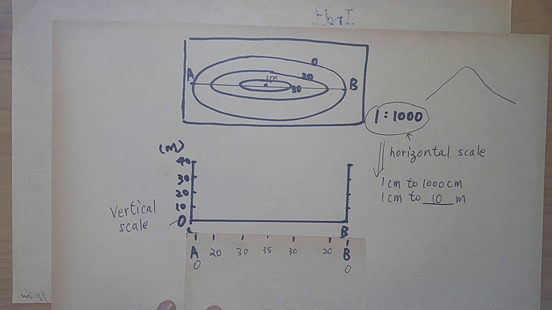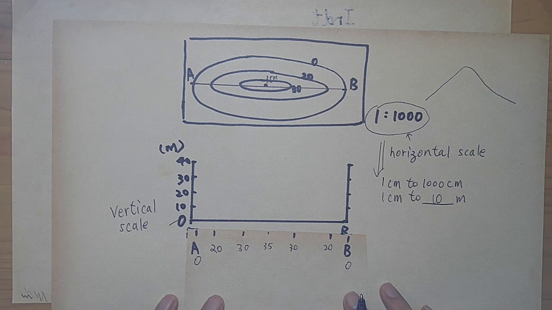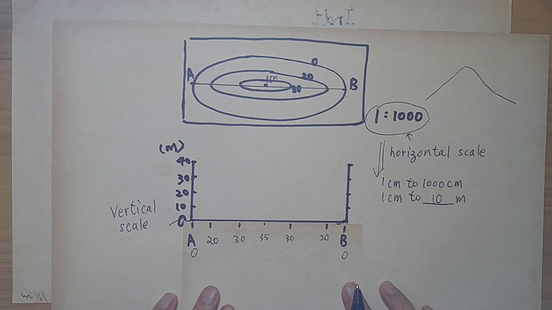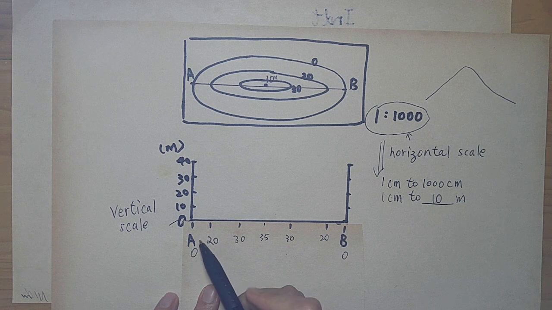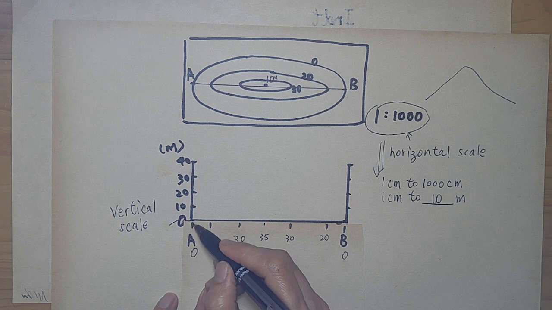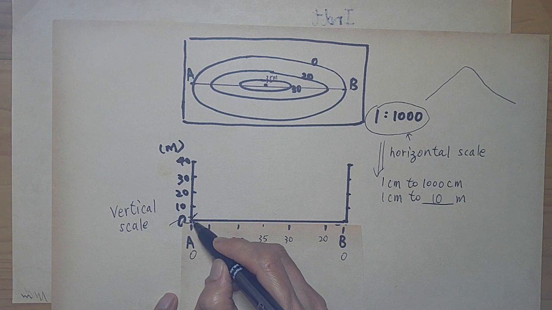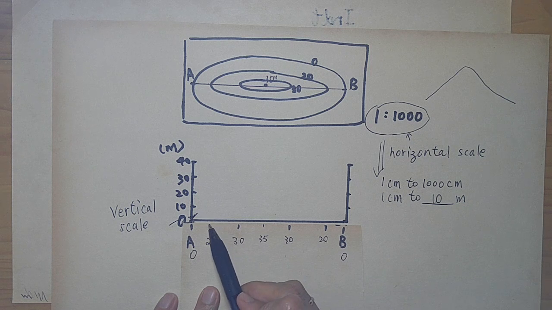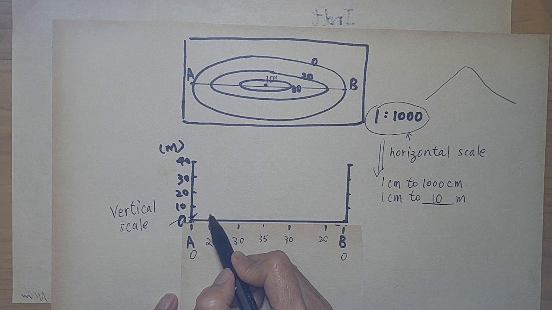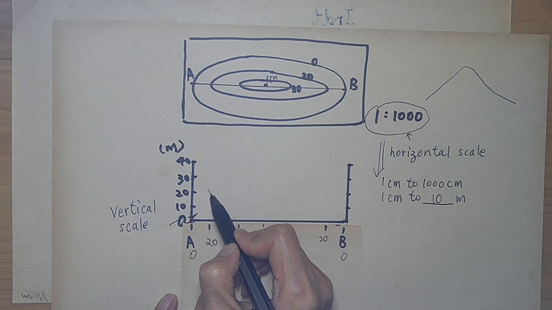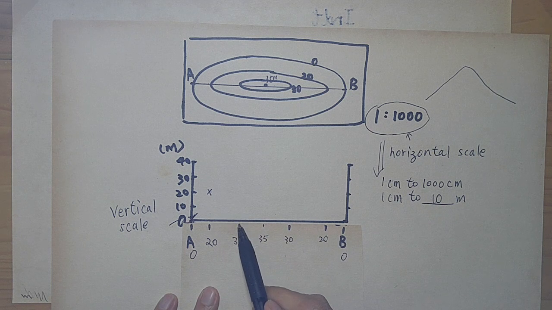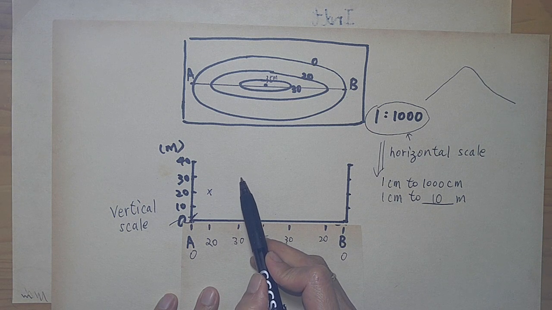Now you can just plot out the points here. A is 0, so you make the point here, this 0. And then here is 20, so you make it 20 here. And it's 30, so you make the point up here at 30.